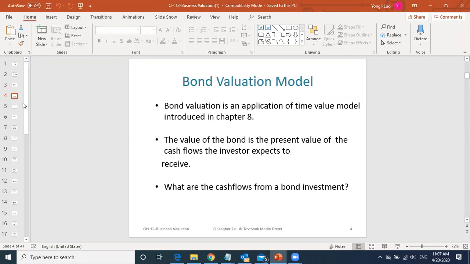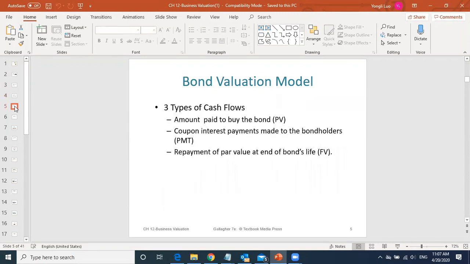First, we want to talk about the bond valuation model. There are 3 types of cash flow. For the bond, you have the amount paid to buy the bond, and this is the present value.